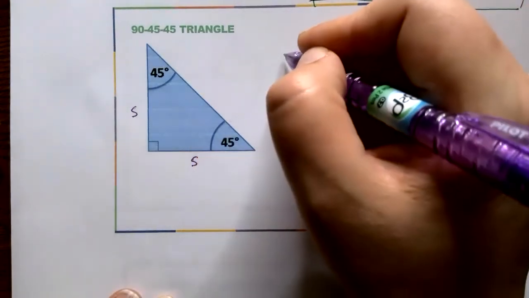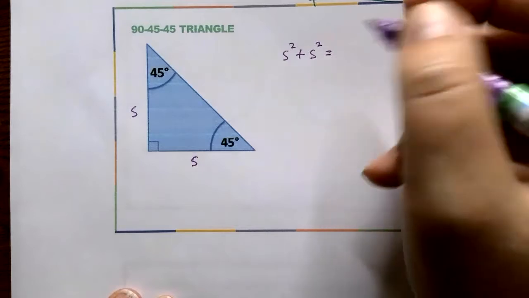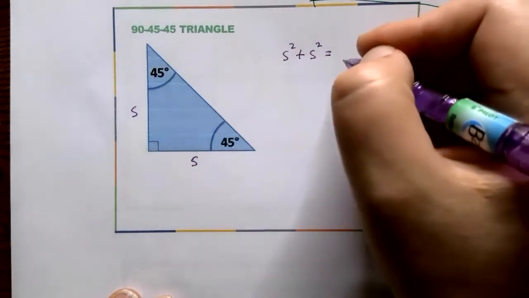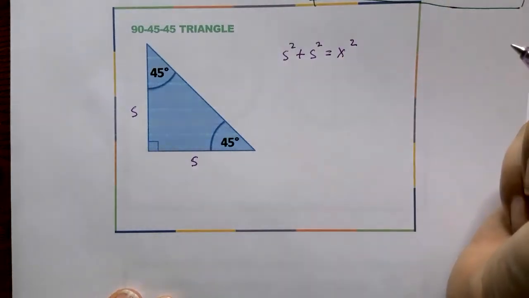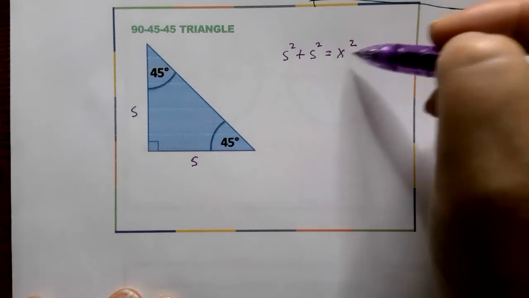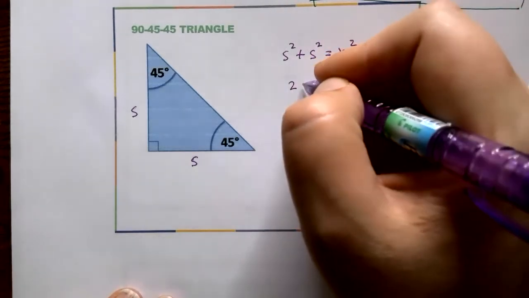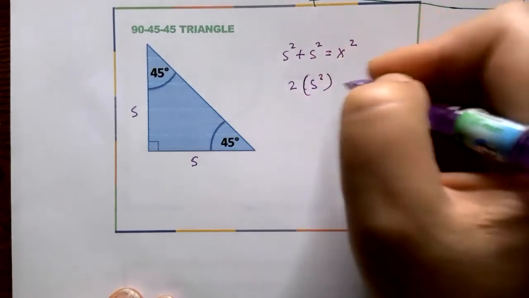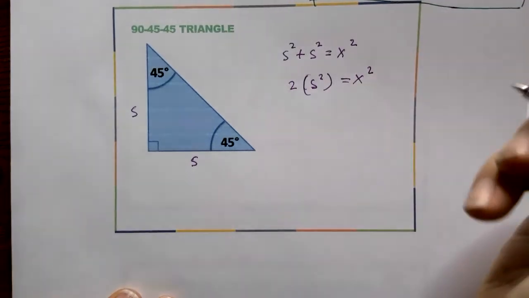Then applying our Pythagorean identity, our side c, we're going to call it x for now, so s squared plus s squared makes 2 s squared, and that equals x squared.